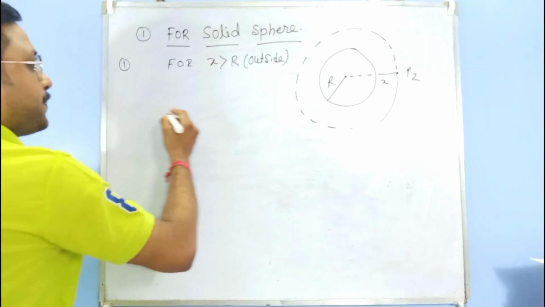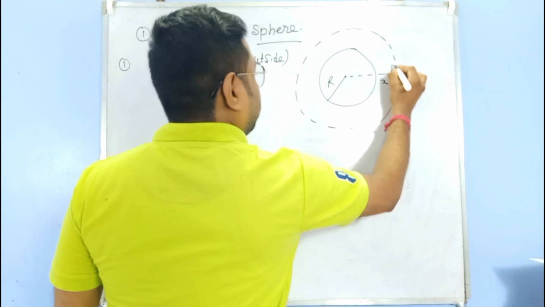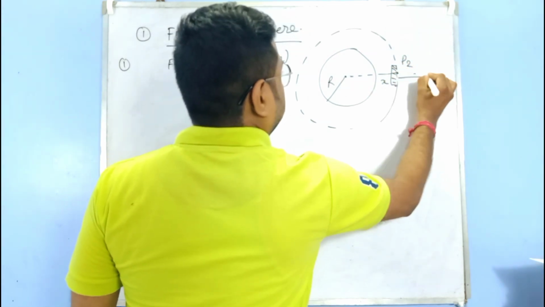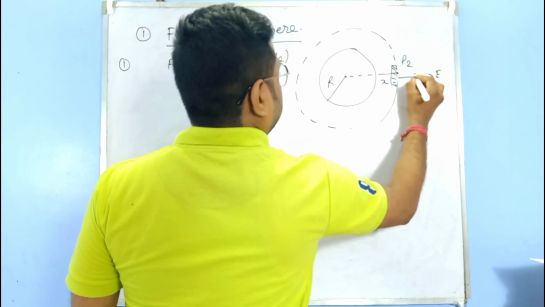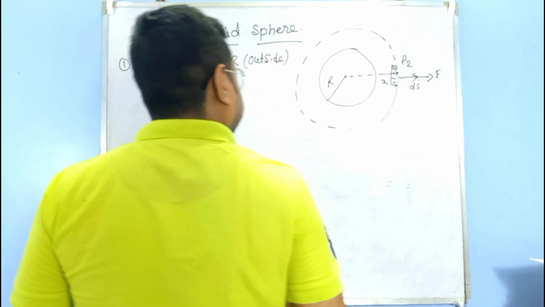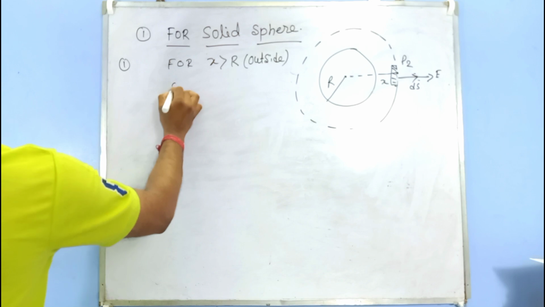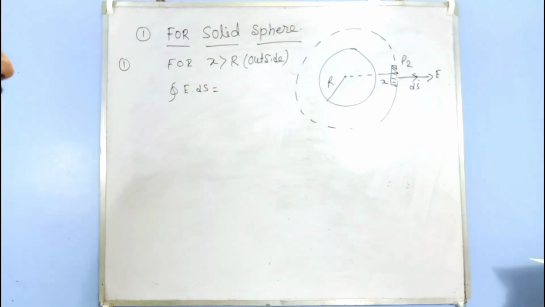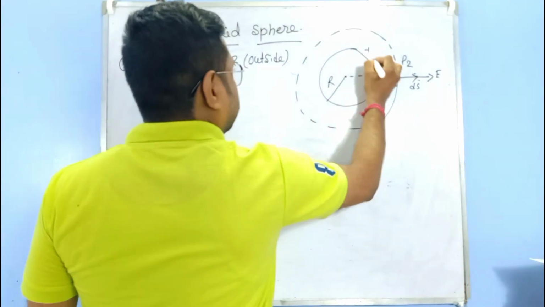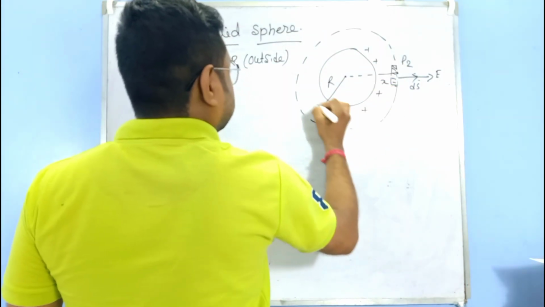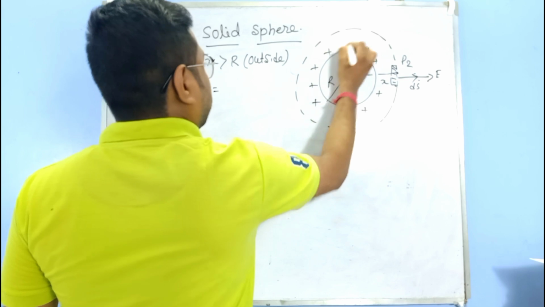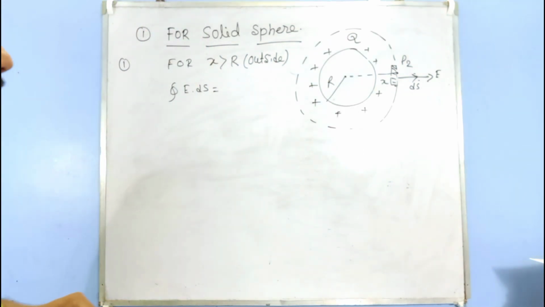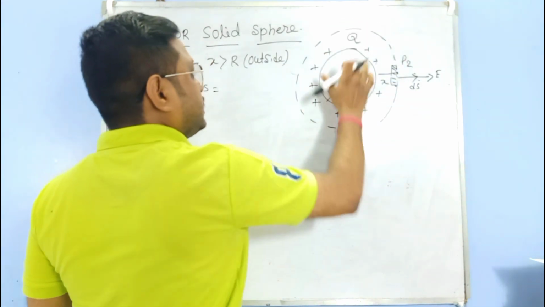So again, if we take the vector ds, then E points radially outward and ds is parallel to E. So the integration of E dot ds equals, here consider that the charge is the charge of the solid sphere, that is q, because the sphere is inside the Gaussian surface.